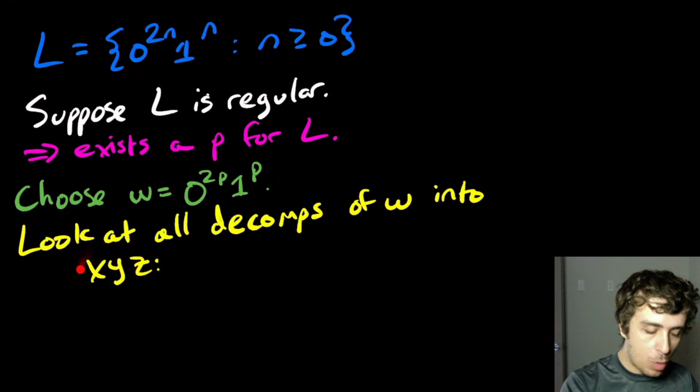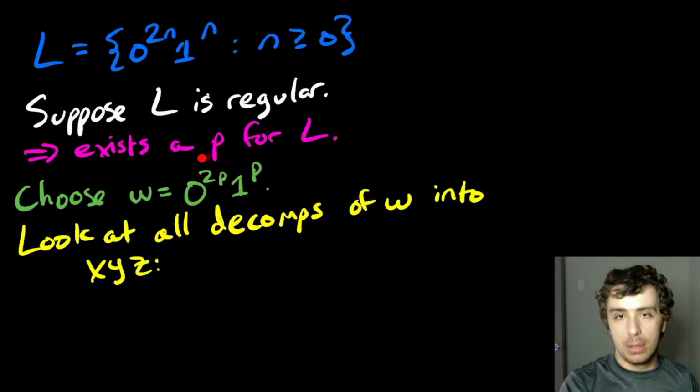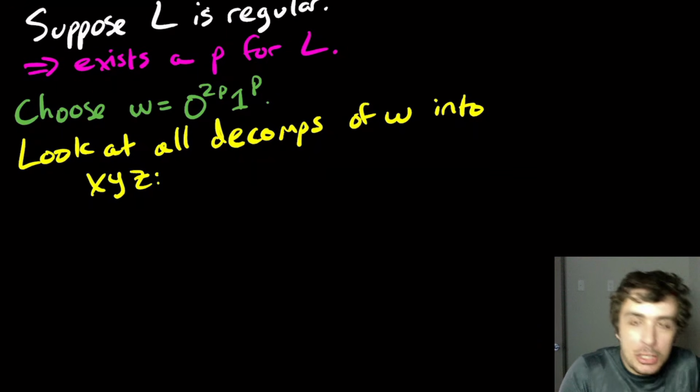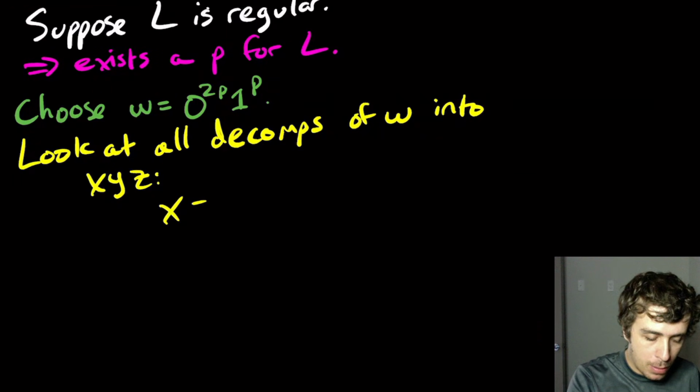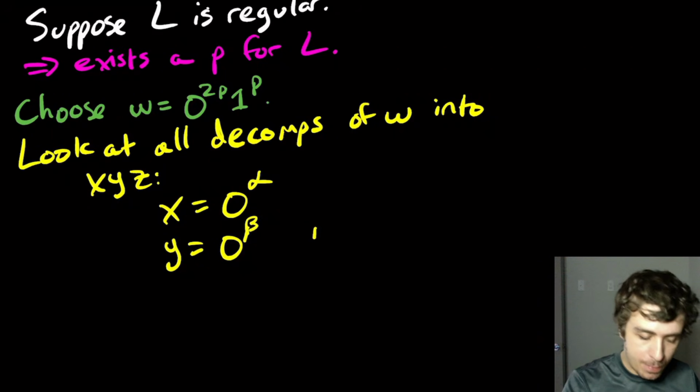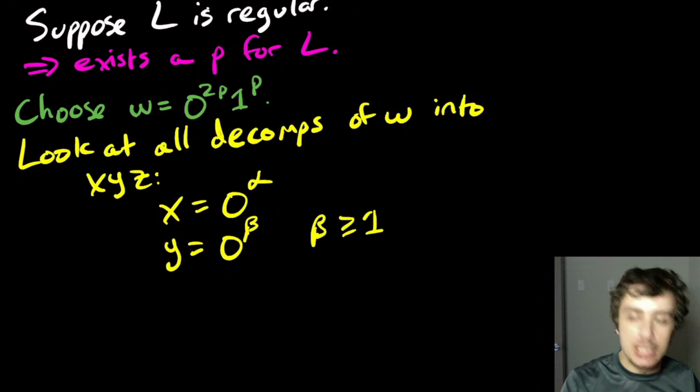Well, if x and y have at most p characters, and they're the beginning of the string, they must entirely consist of zeros. I don't know how many zeros they have, but some number. So let's just say x has alpha zeros in it. y could have a totally different number, let's call it beta. And we know beta is at least 1 because y is non-empty.